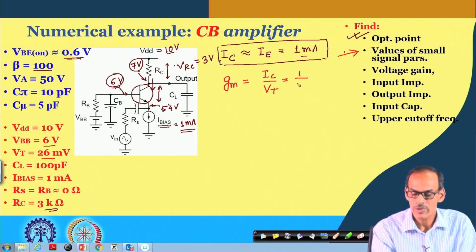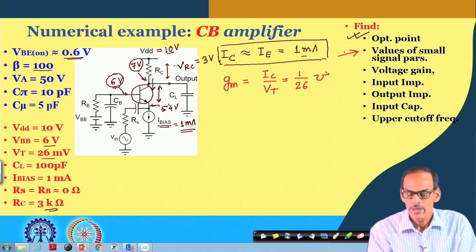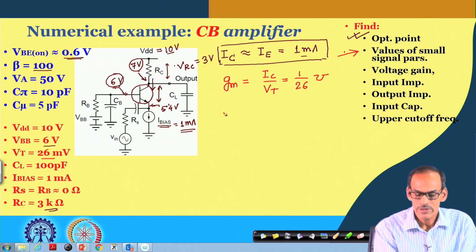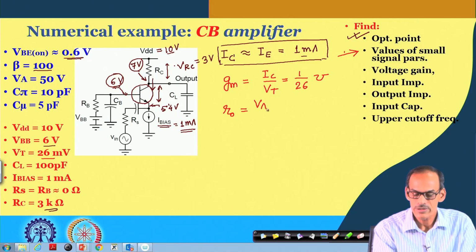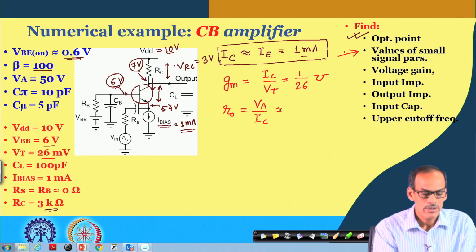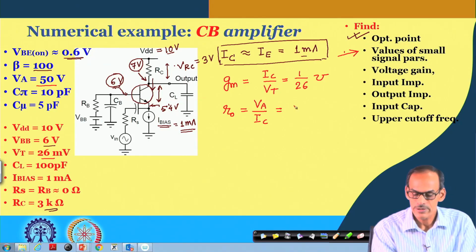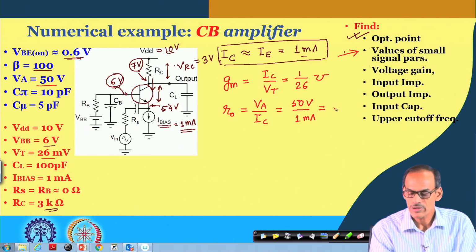So, this is 1 by 26 mho, and then the other parameter is R naught, whose expression is early voltage V A divided by I C. Early voltage is given here as 50 volt, and I C is 1 milliampere. So, that gives us R naught equals 50 kilo ohms.